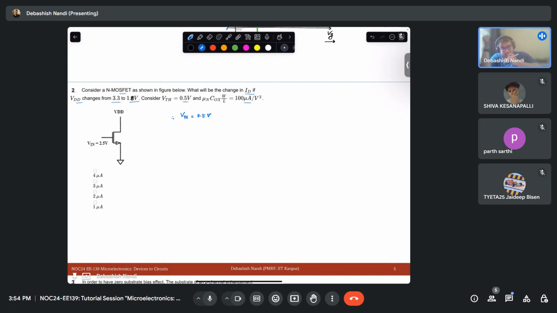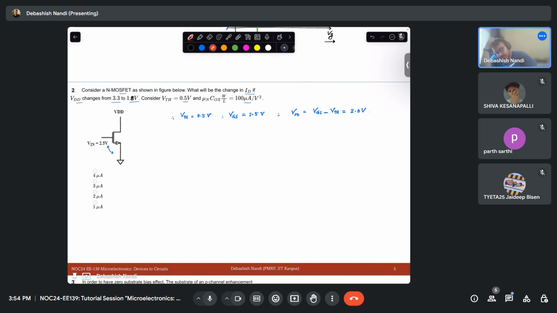What is my VGS? VGS is the difference of these two, that is 2.5 volt. So what is my V overdrive? VGS minus VTH, that is 2 volt.